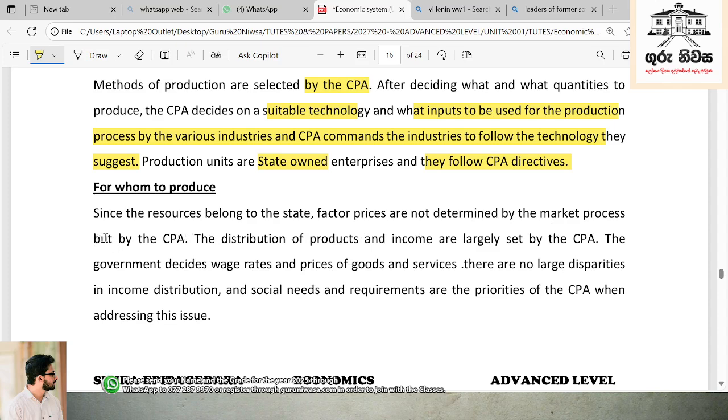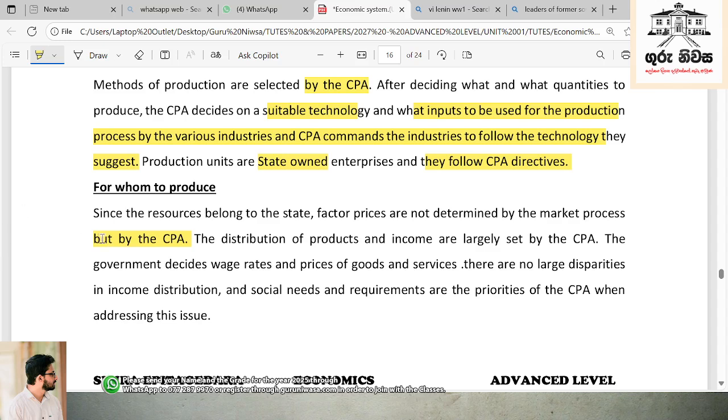For example, labor, wage, salary, everything is decided by the government through the CPA. But when it comes to the market economic system, the wages and factor prices are determined by who? Demand and supply forces, in the factor market. But the wage rate, minimum wage rate, everything is set by the government in a planned economic system, the CPA.